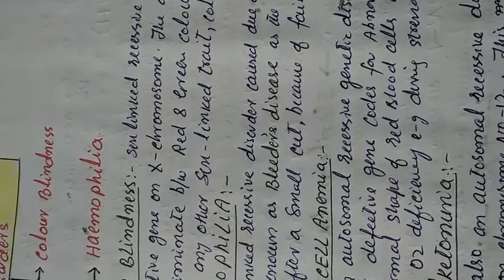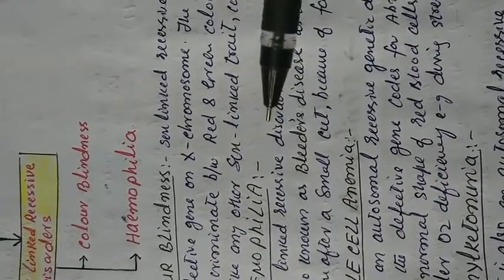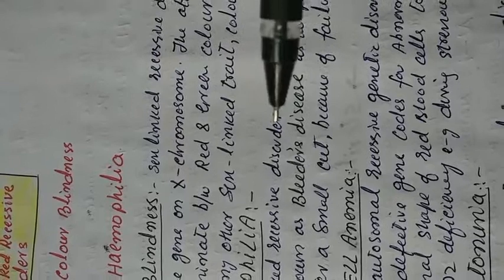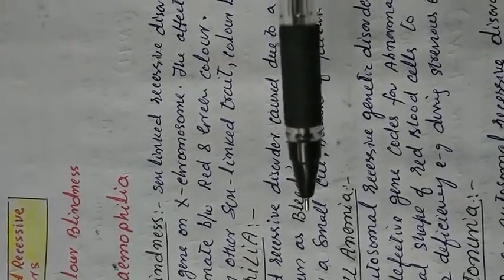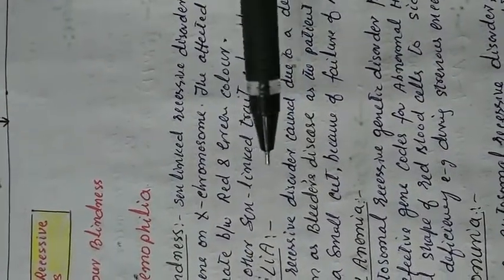The defective gene of sickle cell anemia is present on chromosome number 11, and here the defective gene codes for abnormal hemoglobin. This abnormal hemoglobin changes the normal shape of red blood cells to sickle-shaped, especially under oxygen deficiency, for instance, during strenuous exercise and at high altitudes.